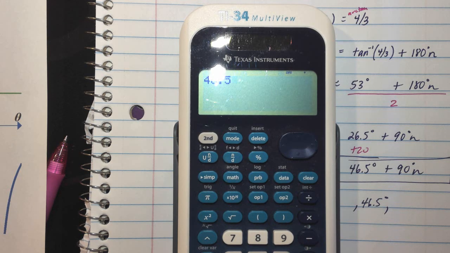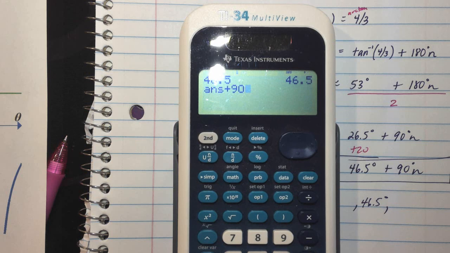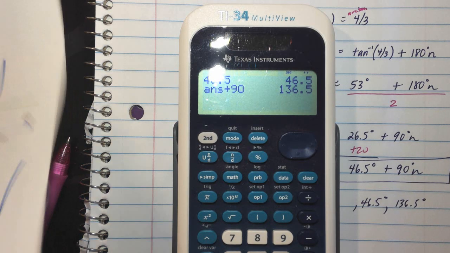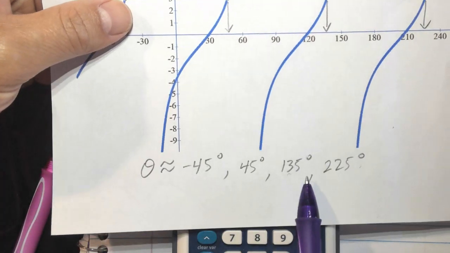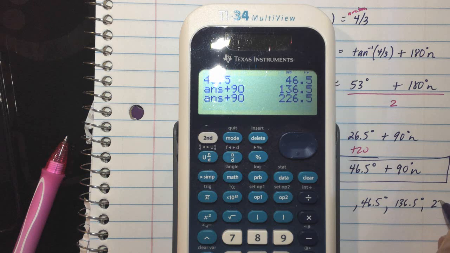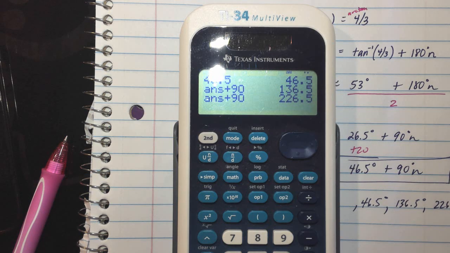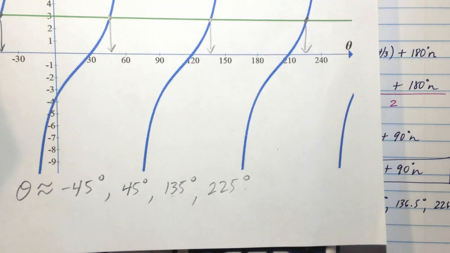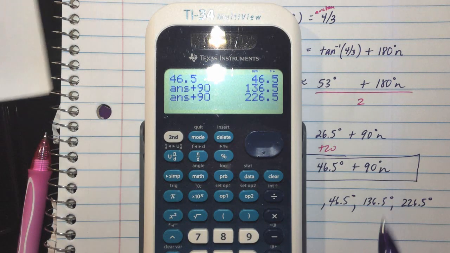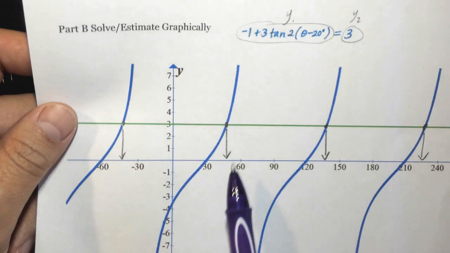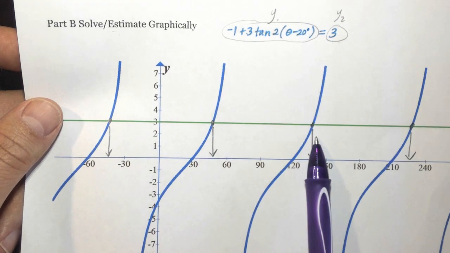46.5. Enter. Plus 90. Enter. 136.5. What was my guess? 135. That's close. Enter. 226.5. What was my guess? 225. Pretty close. And then of course I have to go backwards. So I got this one, I have this one, I have this one.